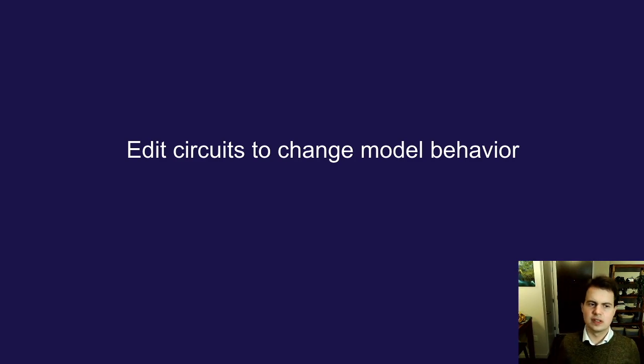One really interesting thing that we can do is edit circuits to change model behavior. If we've correctly understood a circuit, correctly understood all of the weights connecting neurons together, we should be able to predict, at the very least, how that circuit changes in its behavior, and ideally also how the overall network changes in its behavior. This is something that we haven't explored that much yet, but initial results seem pretty promising.